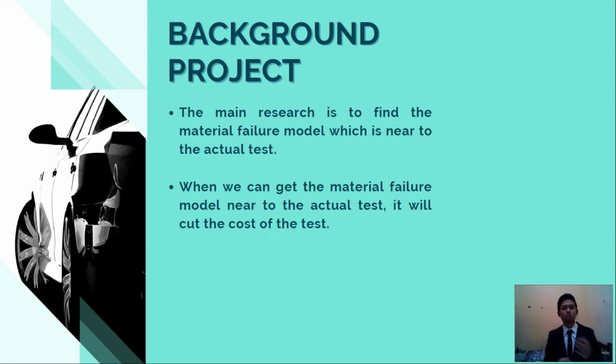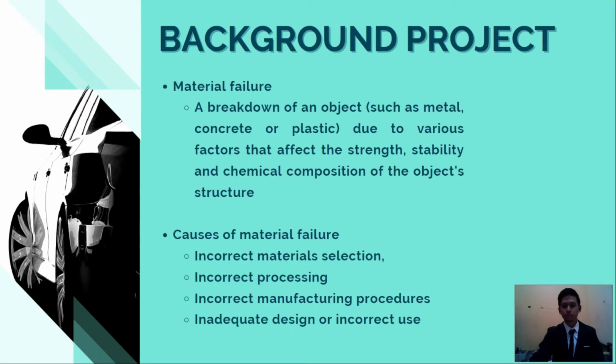For my project background, the main research is to find the material failure model which is near to the actual test. When we get the material failure model near to the actual test, it will cut the cost of the test. So what is material failure?